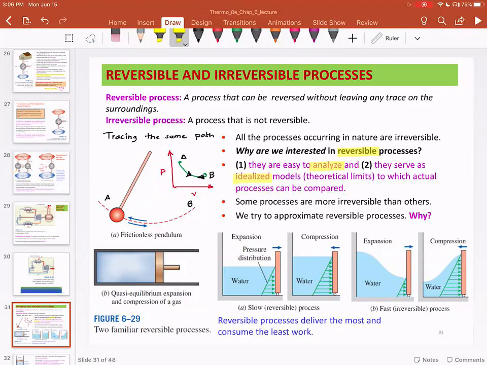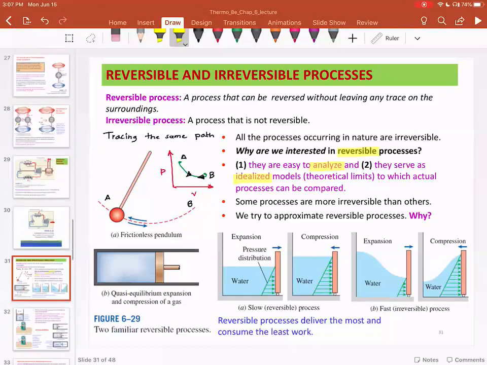If you have a reversible expansion process, the amount of work that you get out of that is maximum. So this is extremely important. Reversible processes are the most efficient processes.